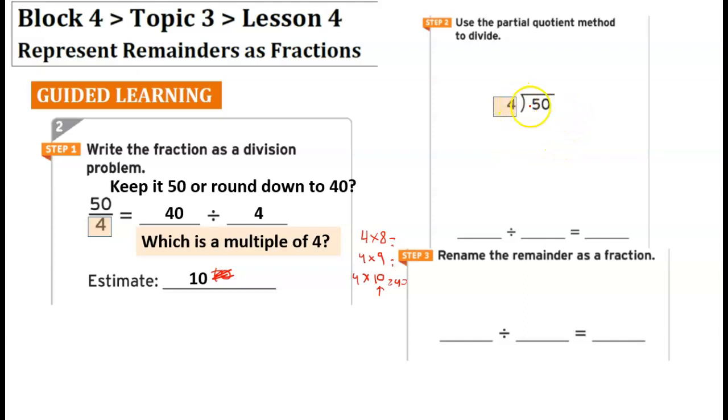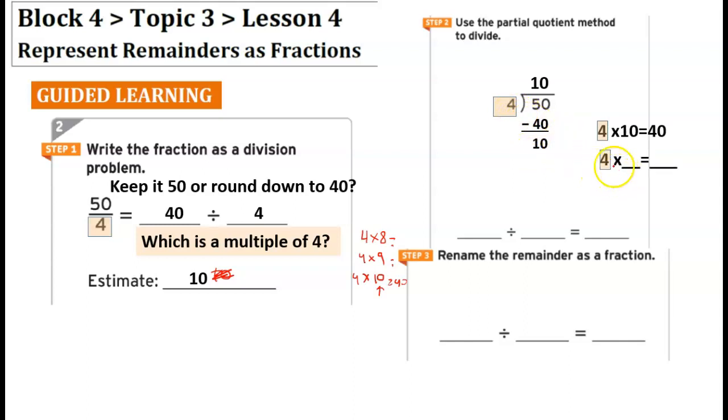So again, 4 times 10 is 40. I'm going to write 10 up here. So that number goes there, and 40 on the bottom. 50 take away 40 would be what? 10.